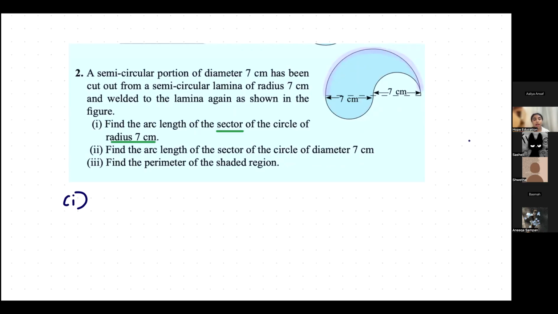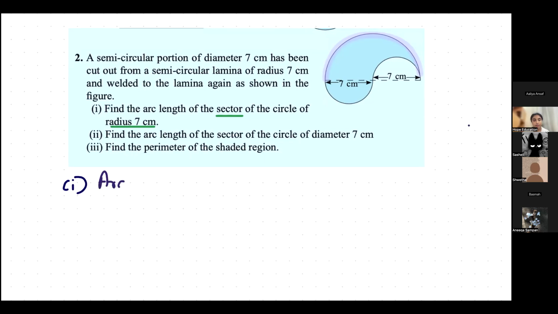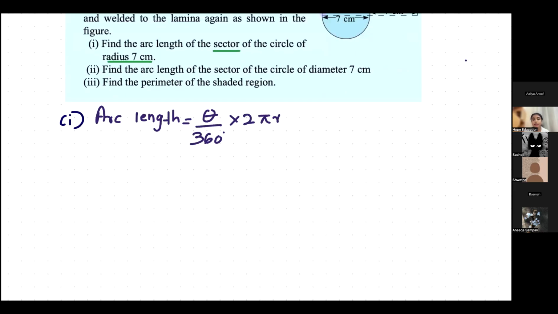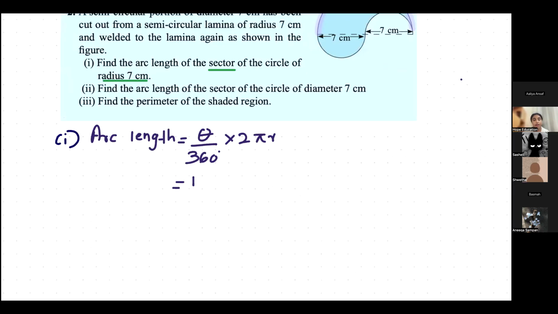So, arc length equals theta over 360 multiplied by 2 pi r. What is theta here, Lamai? 180. It's a semicircle, so theta is 180.